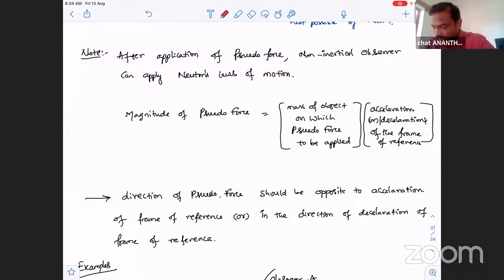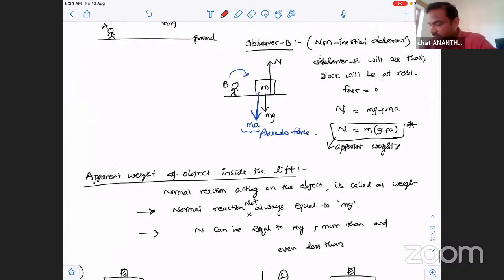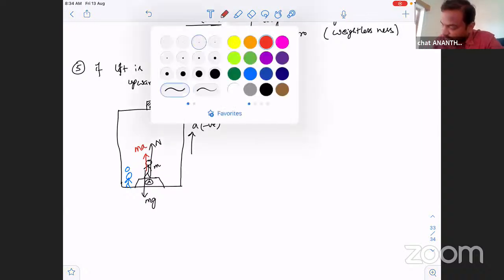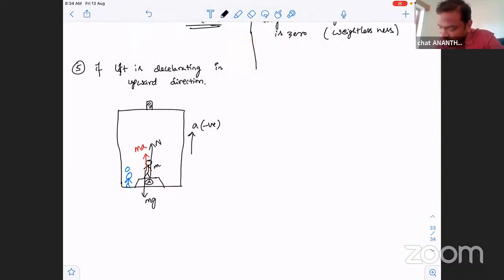Okay, next statement. Now I have given deceleration, not acceleration, so the pseudo force ma will act in the upward direction. Then we can find the normal reaction, because according to the observer the man will be at rest.